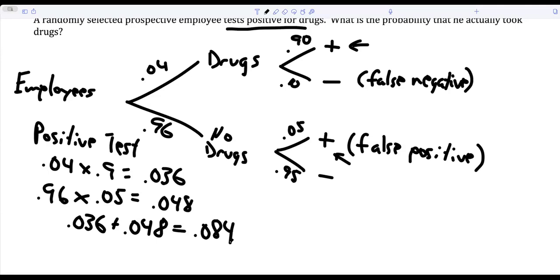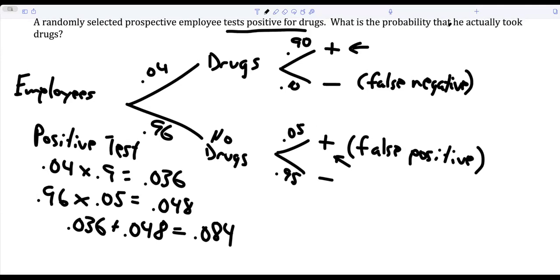And so the question asks, what is the probability that they actually took drugs given the fact that they got a positive test? So conditional probability, we saw it 2 days ago. Conditional probability is always intersection over condition.